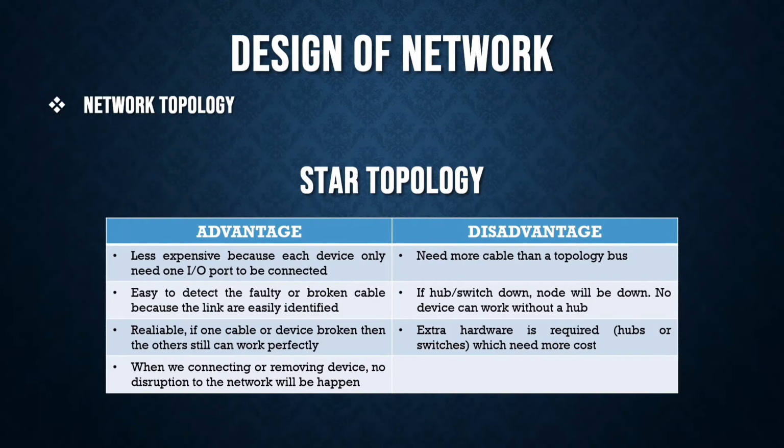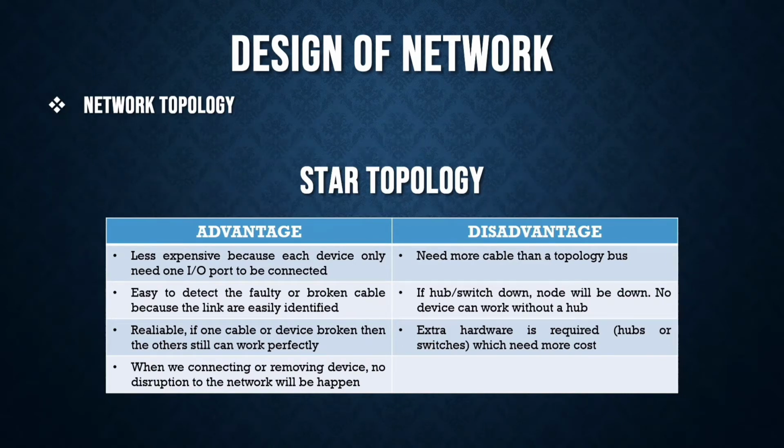Next, if a PC or any device is broken, we can easily find where the break is located. Next is reliability. If one cable or device is broken, the others can still work perfectly, not like the bus. Next, connecting or removing a device causes no disruption to the network.